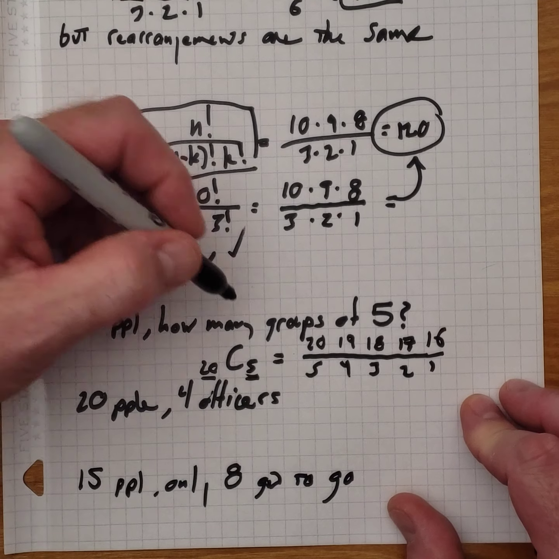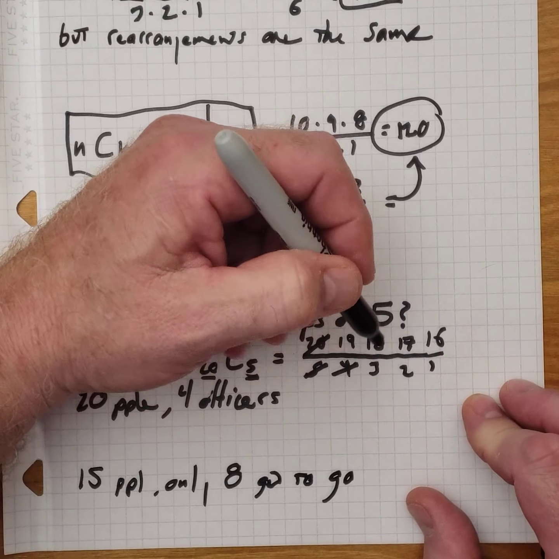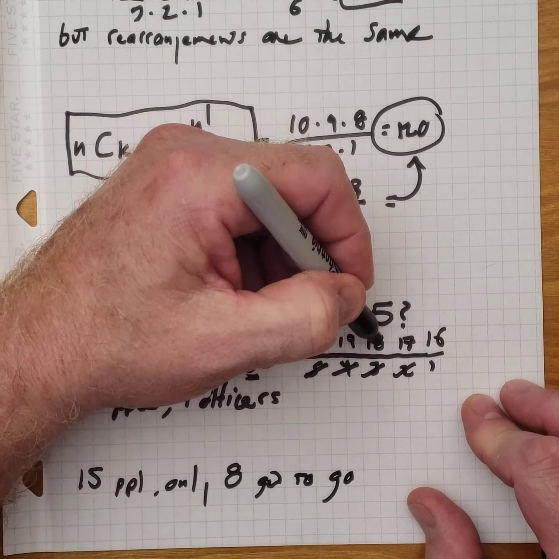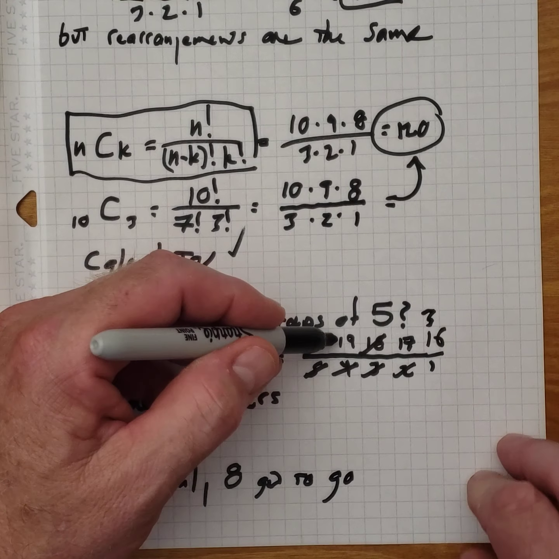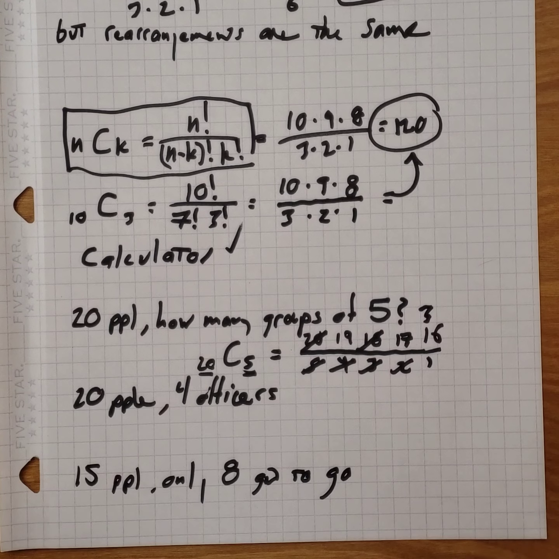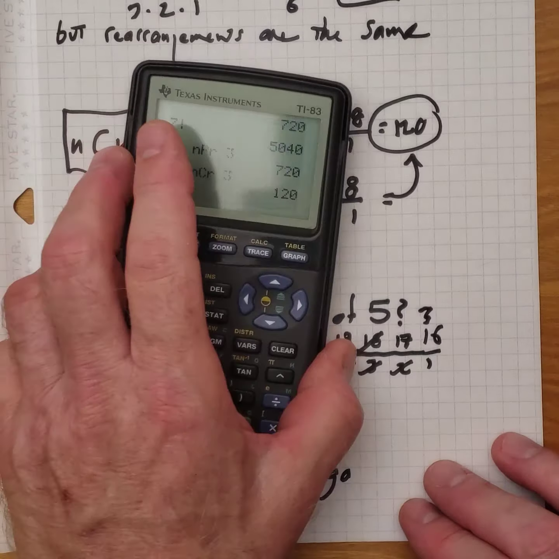And if you want to, you can do this by hand. 5 times 4 is 20, so that cancels. 3 times 2 is 6, so that'll cancel with 18 and leave a 3 up there. And then all you really have to do is multiply 19 times 17 times 16 times 3, which you can do in your head. I can't. So let's go to the calculator.